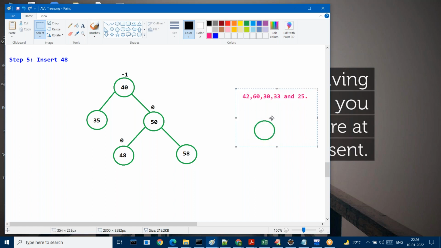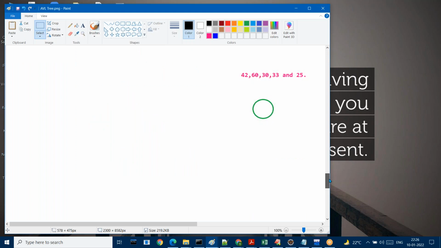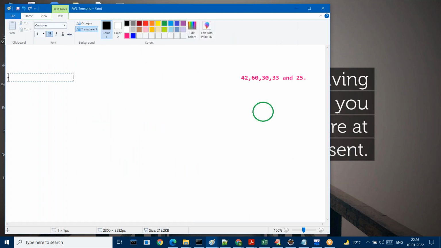Let us move. Step number 6, sir. Insert 42.